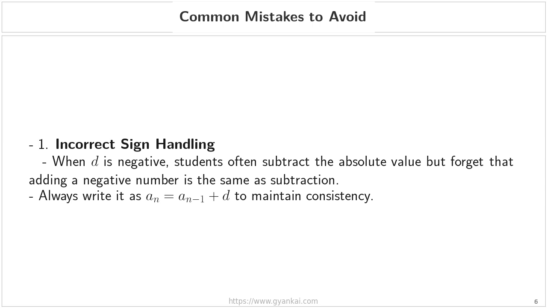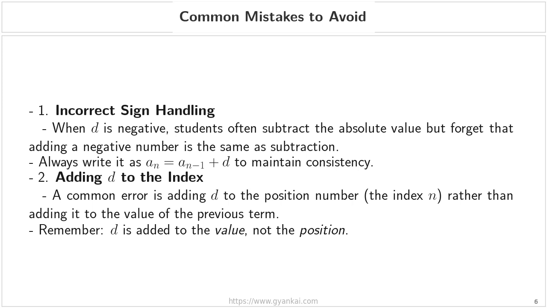Second, watch out for the error of adding the common difference to the index. This is a very common mistake where you might accidentally add D to the position number, which is n, instead of adding it to the actual value of the preceding term. Please remember, the common difference is added to the value of the term itself, not to its position in the list.